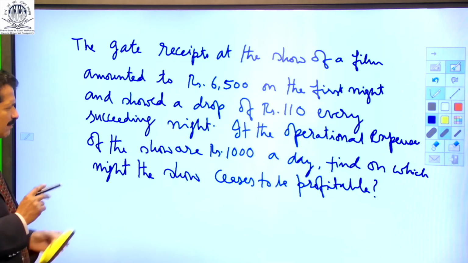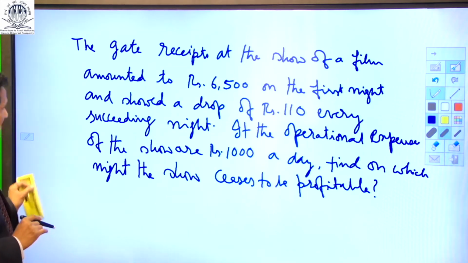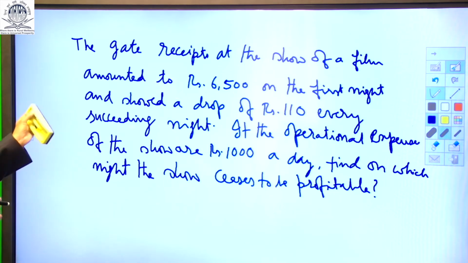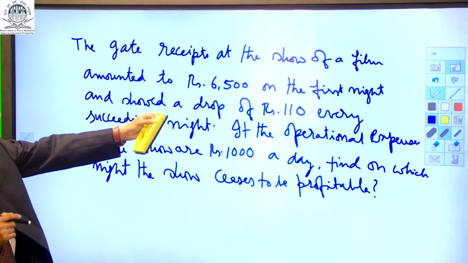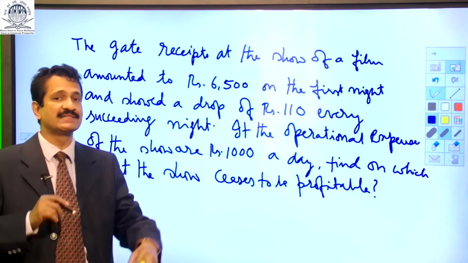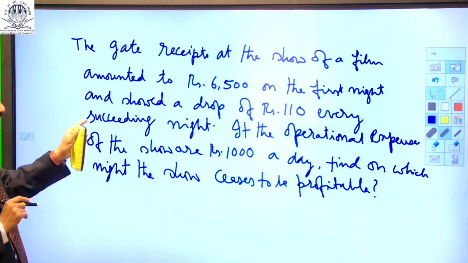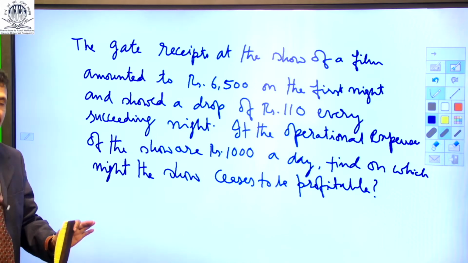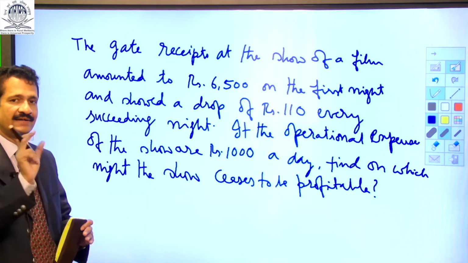Now the problem is very simple. We need to understand various terminology in this particular problem. Now this is about a film show, and the gate receipts of the show of a film amounted to 6,500 on the first night. It means our first term is 6,500. Then this showed a drop of 110 every succeeding night. So every succeeding night it is showing a drop of 110 in the collections.